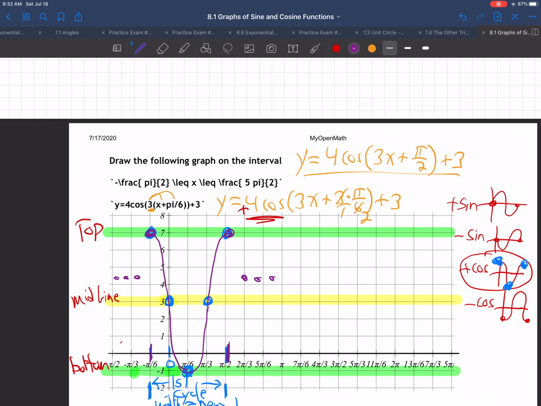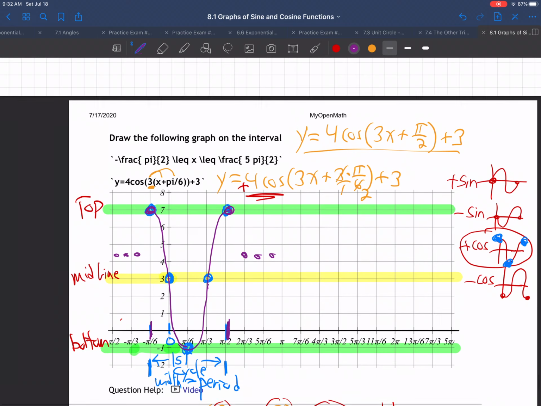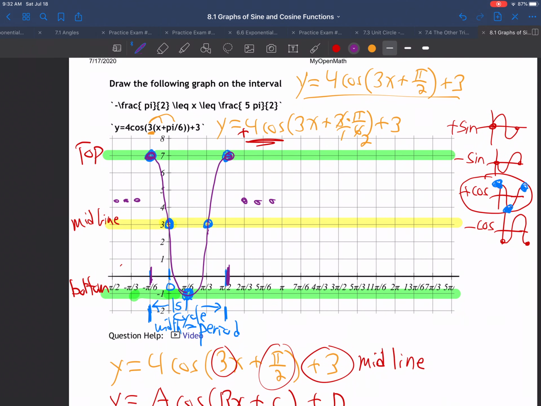And so there's one cycle, and it just keeps doing that forever to the left and the right. So when you use the graphing tools, just focus your attention as you're adjusting that graphing tool to make sure this point is accurate at minus pi over 6, up 7, and this point is accurate at pi over 2, up 7, and the rest will all fall in place. There we go.